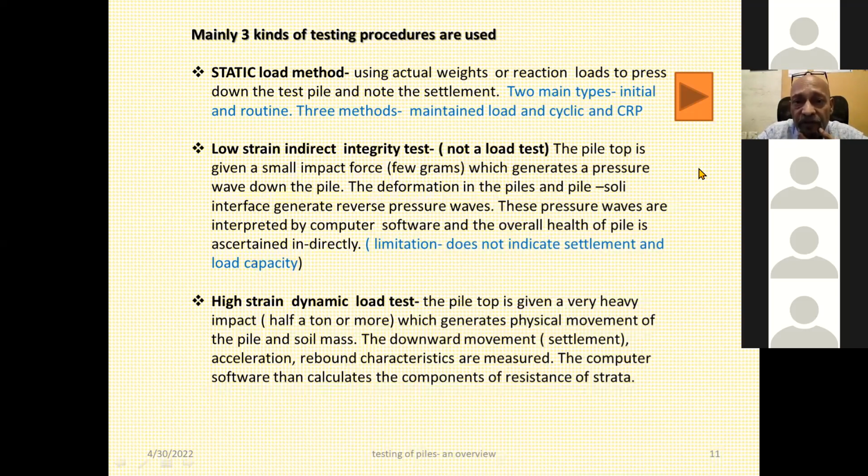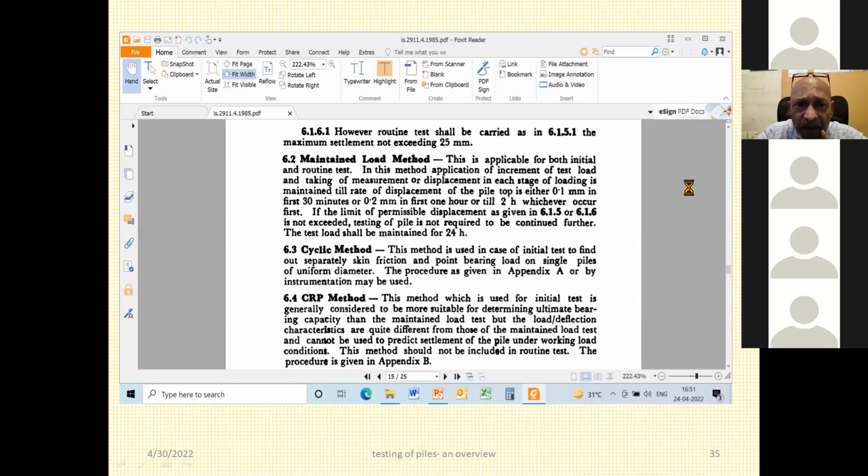And there are three methods: maintained load, cyclic, and CRP, the constant rate of penetration test. Now, if you go to code 2911, these three methods have been briefly described.